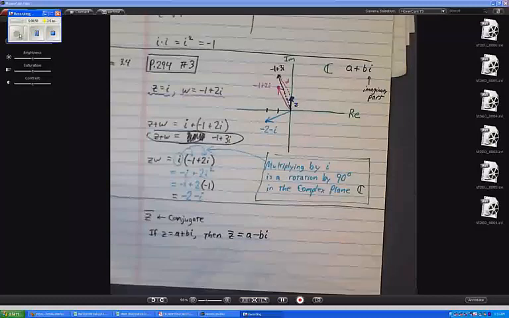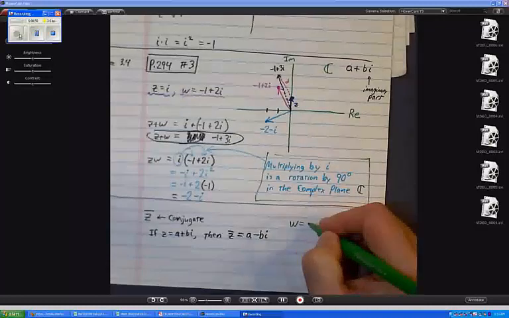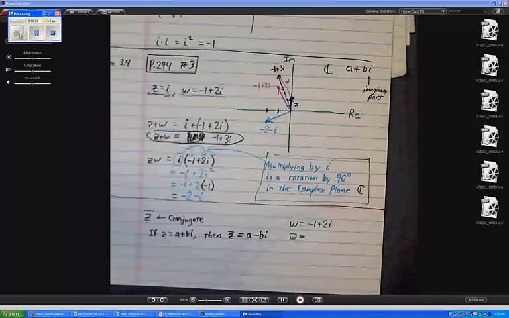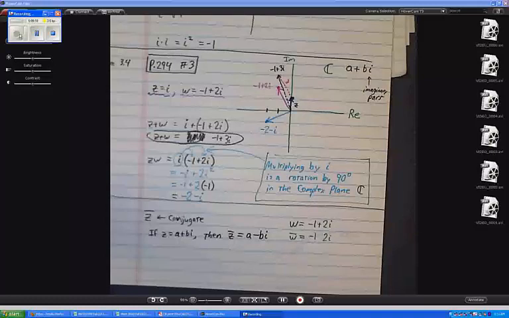So here as an example, we have W is negative 1 plus 2I. So what is W bar? That's easy. All I have to do is change that plus to a minus.